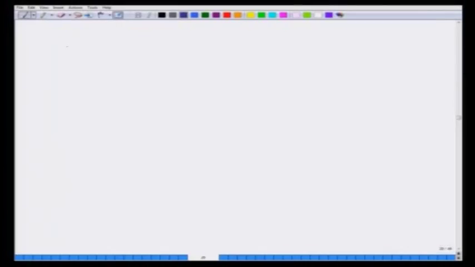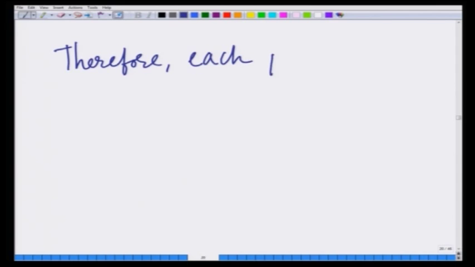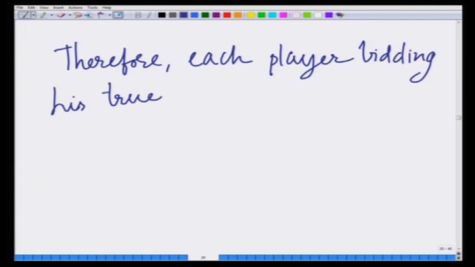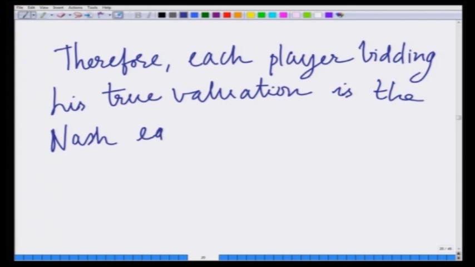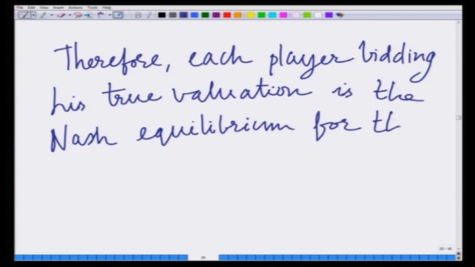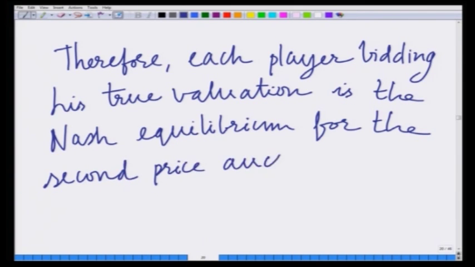Therefore, we have shown that each player bidding his true valuation is the Nash equilibrium for this second prize auction.